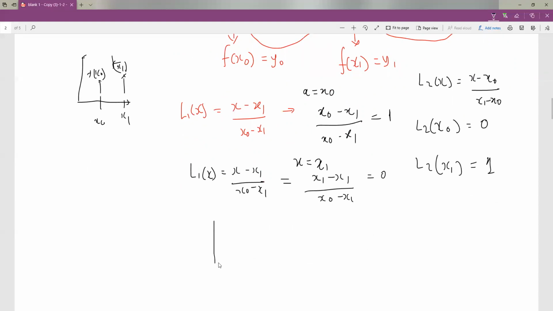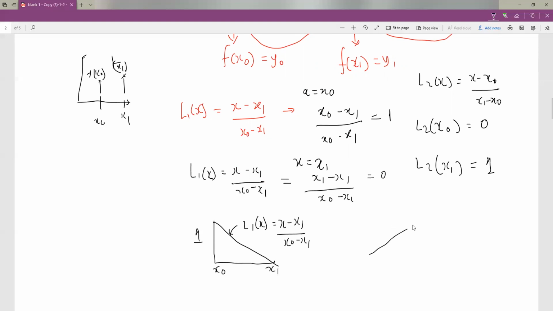So the nature of that is, it is going to give me a graphical interpretation. This function is L1(x), which is x minus x1 over x0 minus x1, if this is x0 and this is x1.